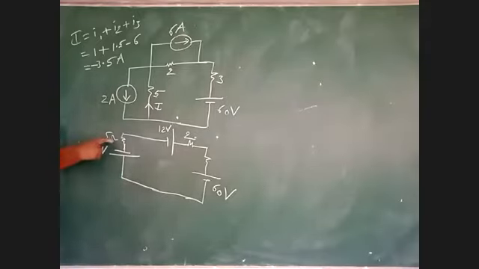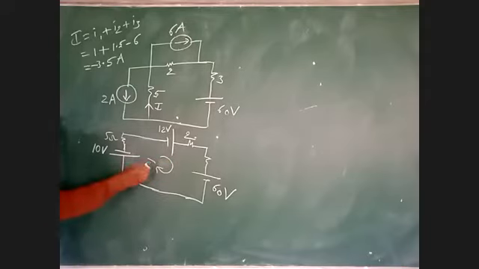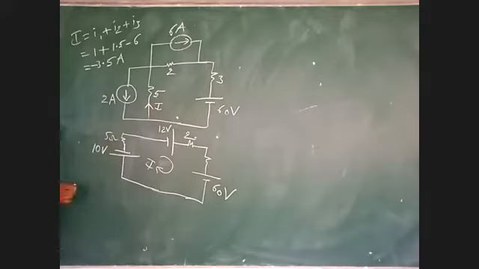Now I want the current in this 5 ohms. I am assuming the current direction like this: this I is flowing upward. Now I is equal to V by R equivalent. What is V?